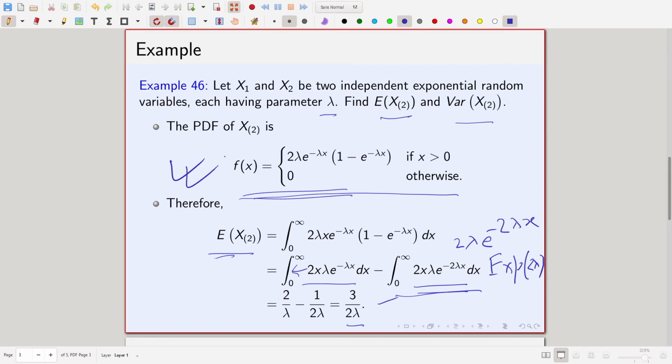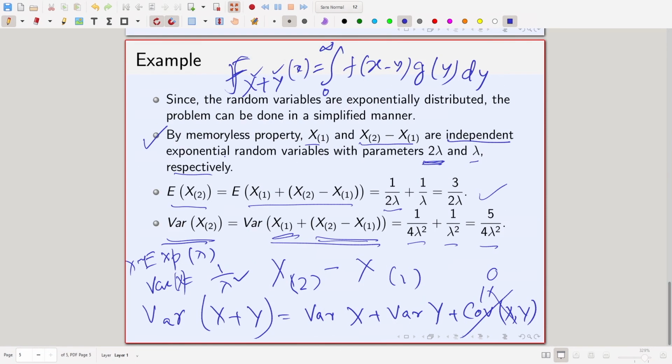You can try it out as an exercise: find the density of x bracket 2, and you should end up with this formula. So although in this example I have just worked out the mean and variance, using these properties of exponential you can also find the density of the maximum of 2 exponentials using this convolution formula.